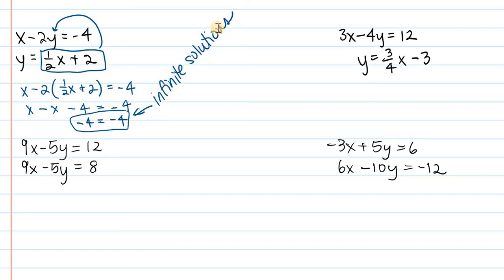So I don't need to continue solving it because there's no more variables. This statement is true, so I would conclude infinite solutions. And I have to write infinite solutions.